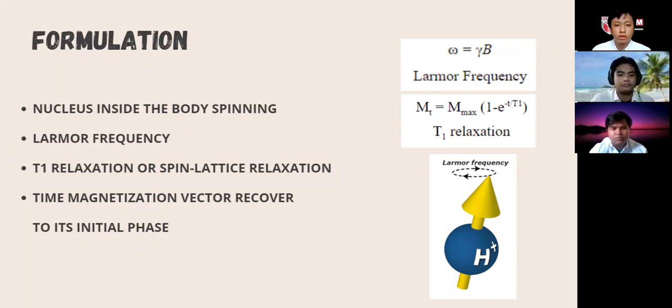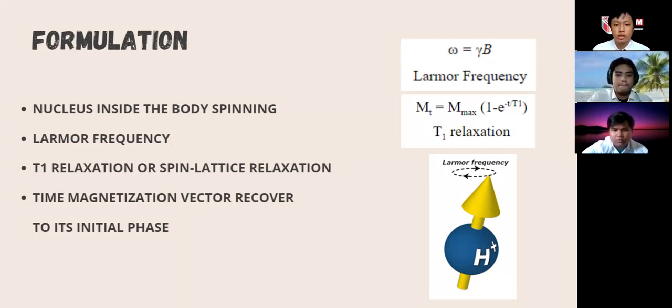The Larmor frequency consists of omega equals gamma times B, where omega is the Larmor frequency, gamma is the gyromagnetic ratio, and B is the magnetic field strength inside the scanner. After we calculate the Larmor frequency, we will go to the T1 relaxation, also known as the spin-lattice relaxation.